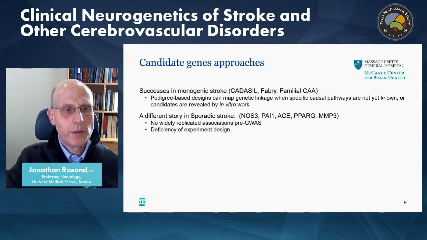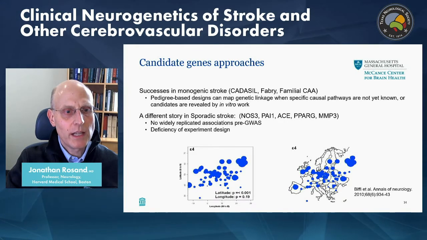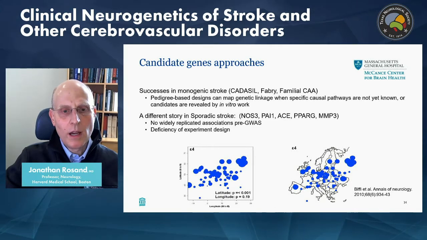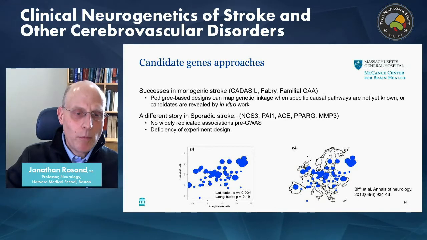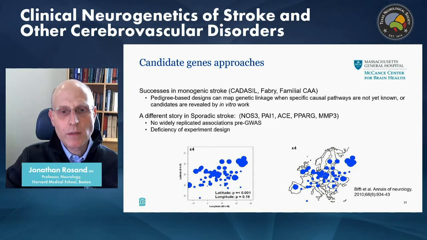And a failure for a couple of reasons that haven't changed over the last 10 years. The most important is, as you can see from the maps on the lower part of this slide, that the frequency of these common variants varies across the population.